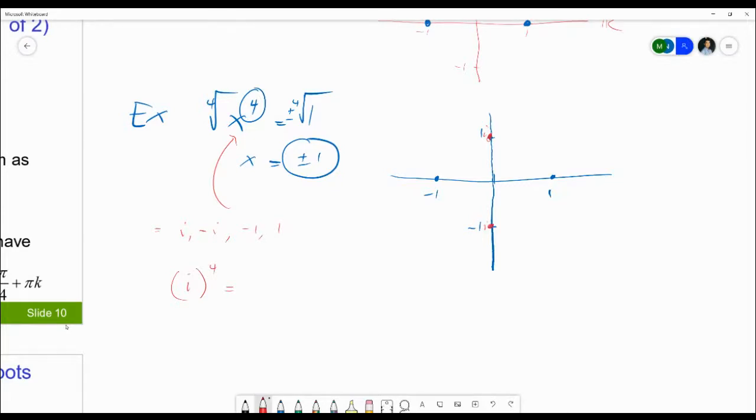I mean, i to the 4th is i squared times i squared. i squared is -1, -1 times -1 is 1. Okay? And negative i also works.